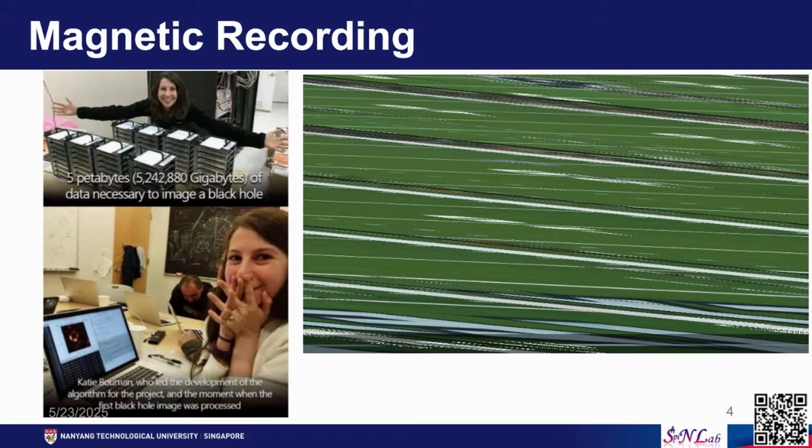All the telescopes collect data, and they were accumulated in 5 petabytes of hard disk drives. The lady who was in charge of constructing the black hole image displays all the hard disk drives. We have lots of hard disk drives which make up 5 petabyte capacity. We store all the information there. Finally, we came up with one image representing a black hole.